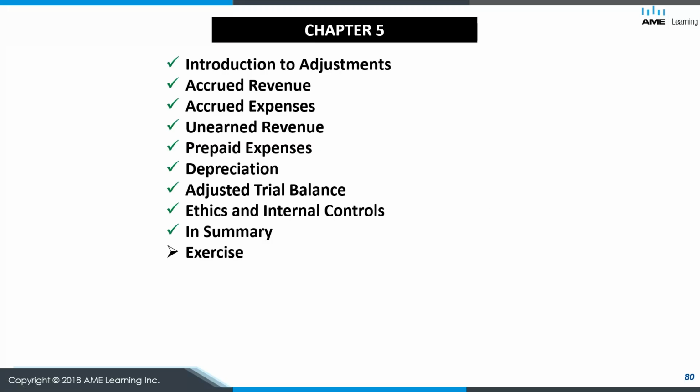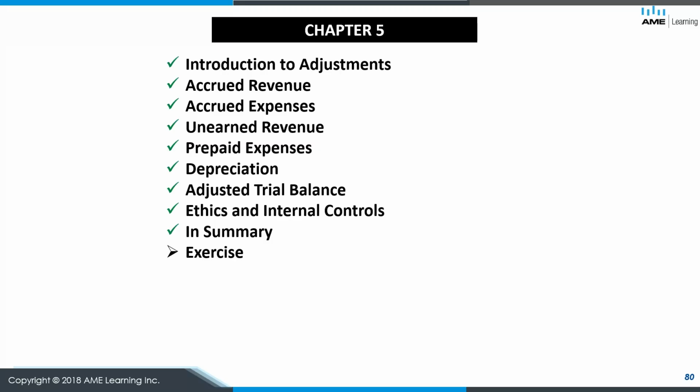Okay, and that brings us to the end of the chapter. I know these concepts are a little bit broad. I think they encompass a lot of different types of accounts and situations. I would probably say this in a lot of the chapters, but this one does require a lot of hands-on work to be able to fully grasp what's happening with these different types of adjustments.